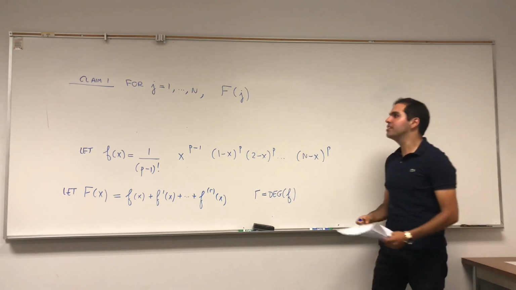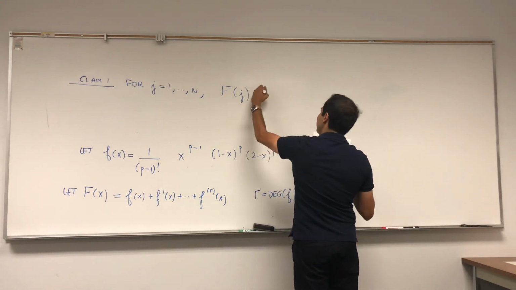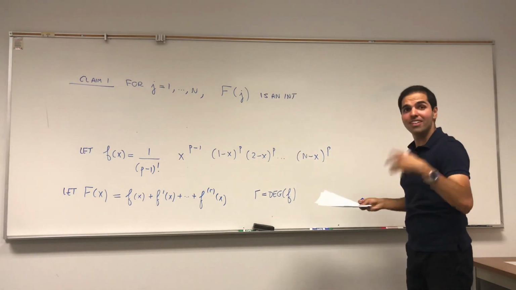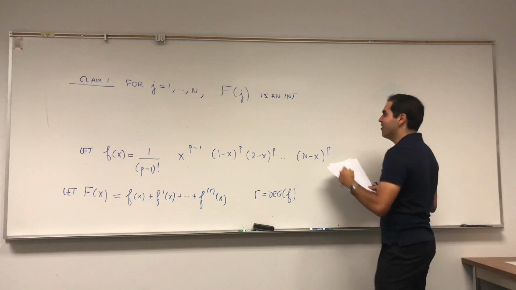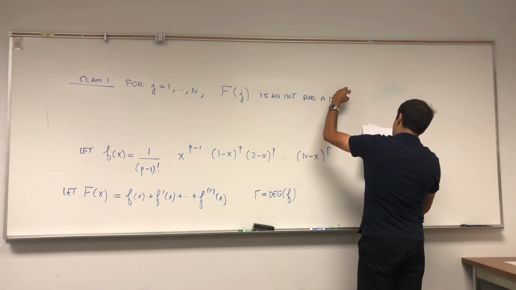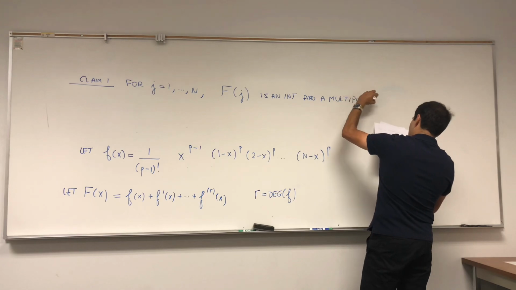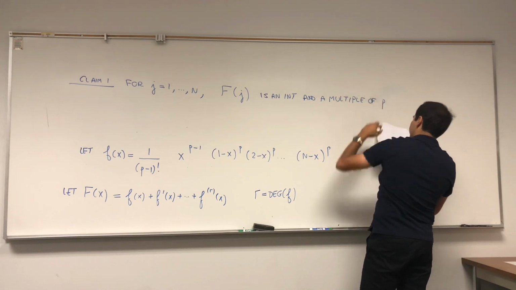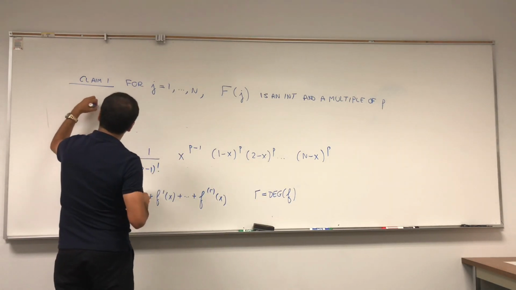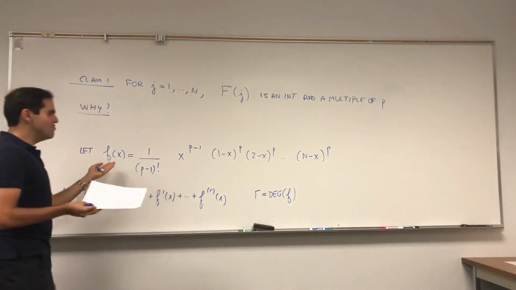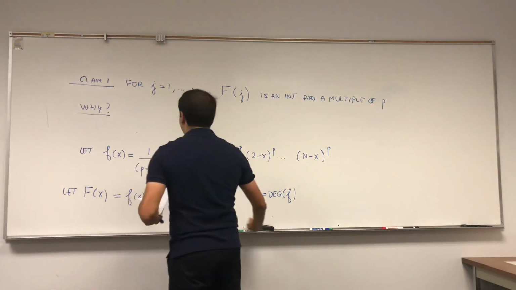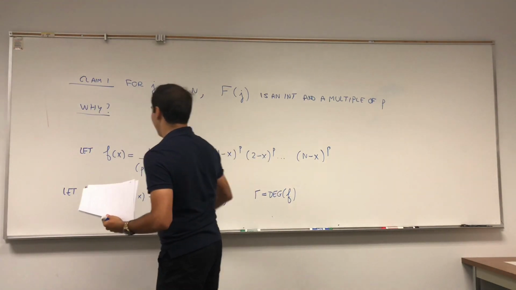It turns out it is an integer. And moreover, even cooler, it has to be a multiple of p. And why? It's not really intuitive, but the way to do this is by cases.